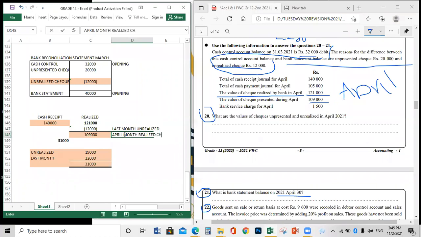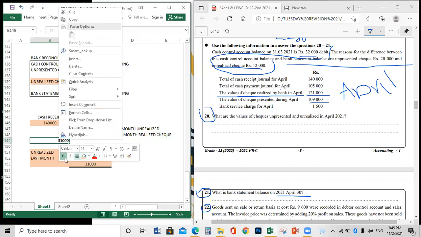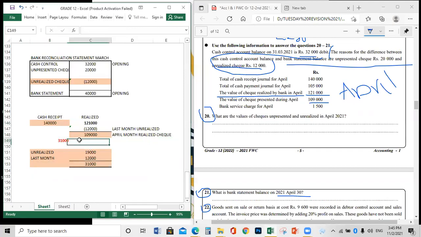If you get the April month realized check, you can compare it with the cash receipts. Then you will get the unrealized amount, the unrealized check for April.